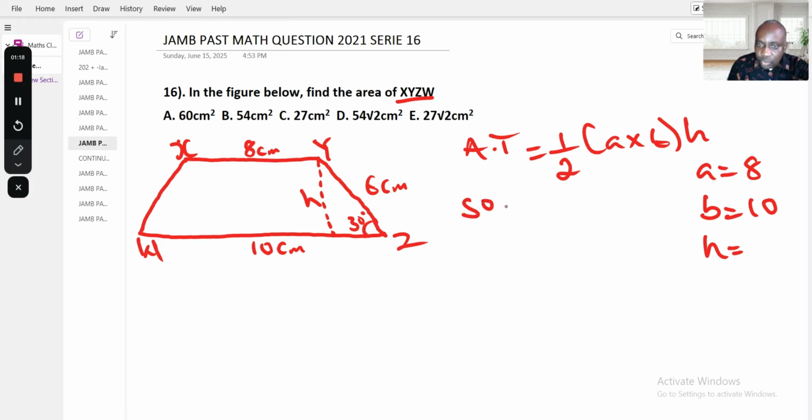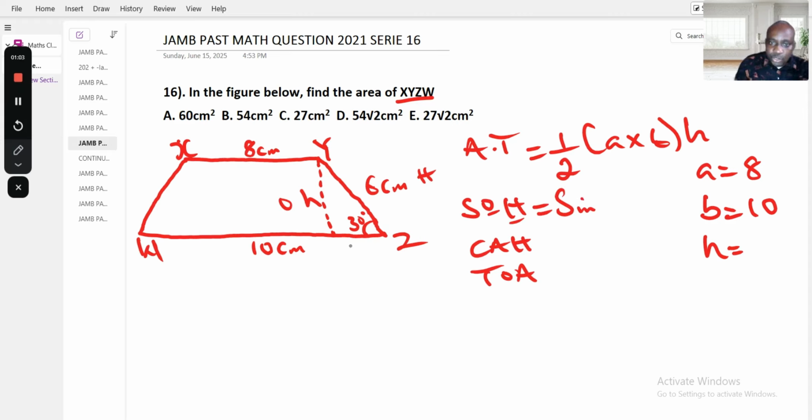Now let's use SOHCAHTOA. We have opposite and hypotenuse here. Therefore, we are going to use sine. We are going to use sine 30, what we have here. What is sine 30? Sine 30 degrees is equal to opposite, h, that we don't know, over hypotenuse, which is 6.